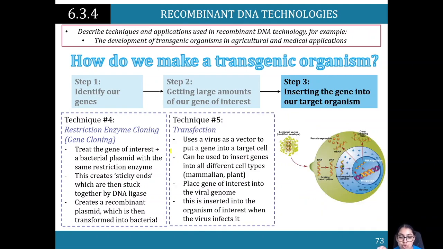We can also use transfection, where we use a virus as a vector to put the gene into the target cell. Remember, viruses don't have their own machinery to produce proteins.